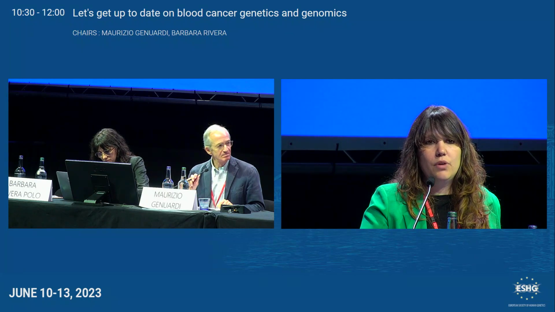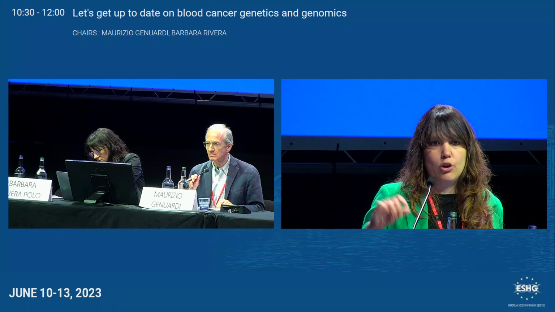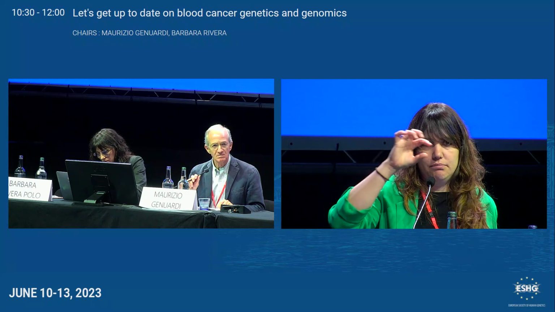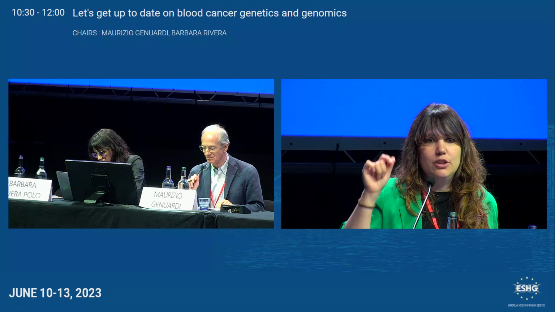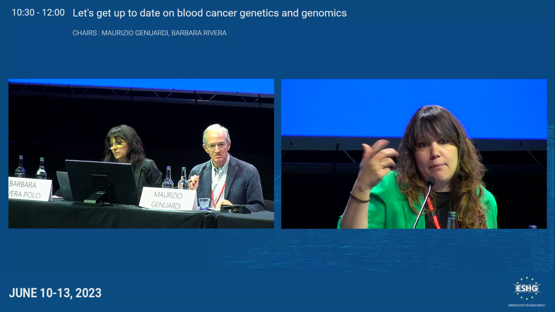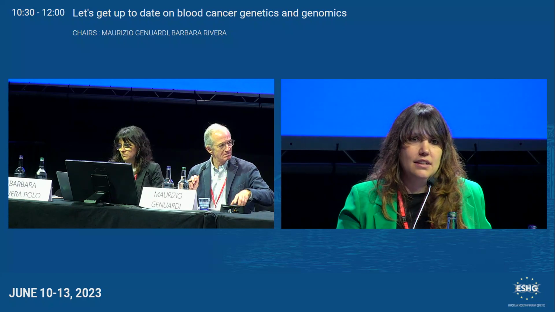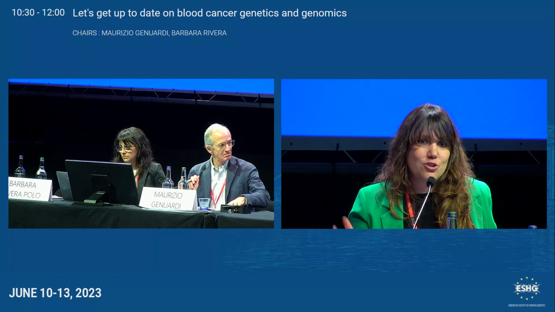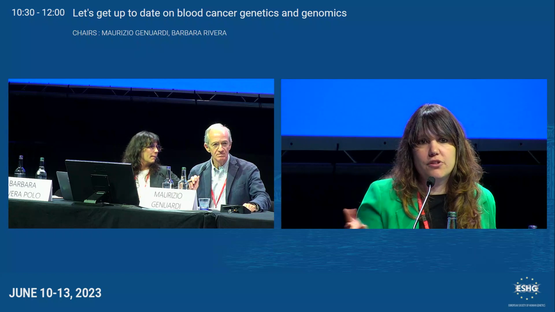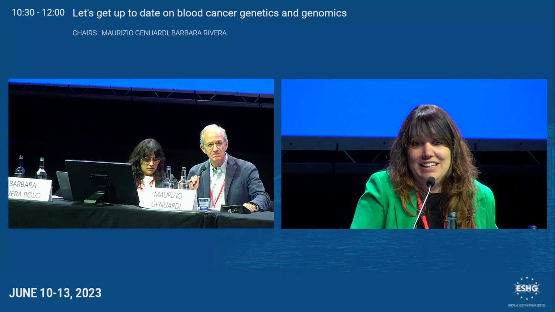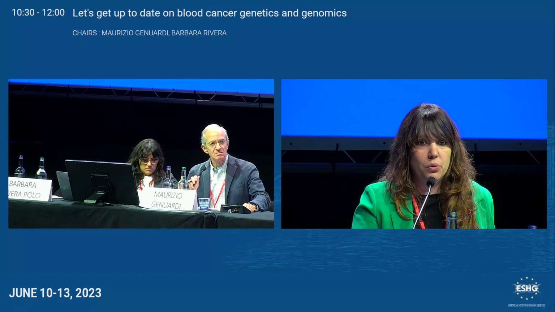Yeah, in the UK we are very careful with the consent form; we always have a specific box to tick or not, if you want to be informed about secondary findings, because that's the risk when you are testing the germline. Even if you were looking for something related to hematological malignancies, you can find something else, and you need to ask them if they want to know or not.